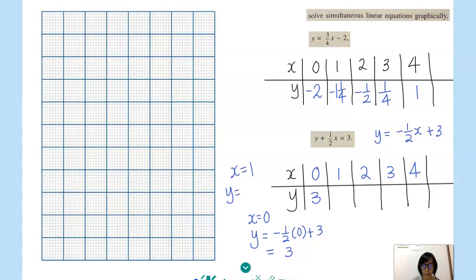So y equals minus half times 1 plus 3. That gives me 3 minus half, and I have 2.5. So I have 2.5 here. Okay, I'll leave you to do the rest.